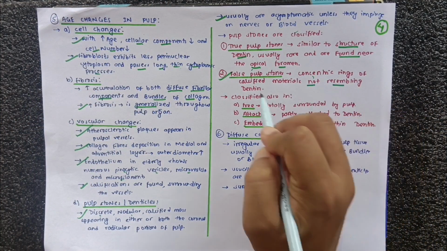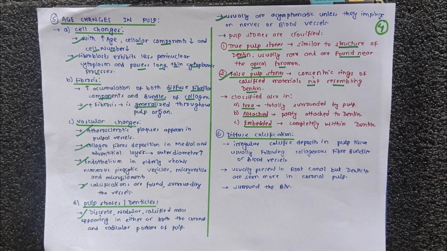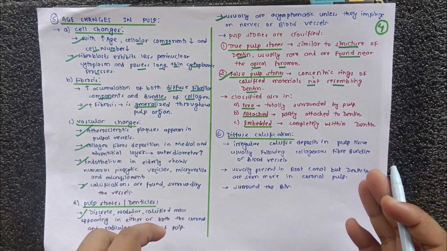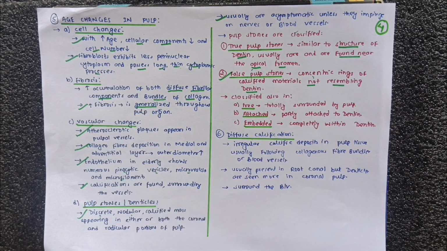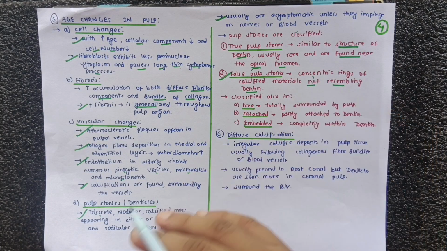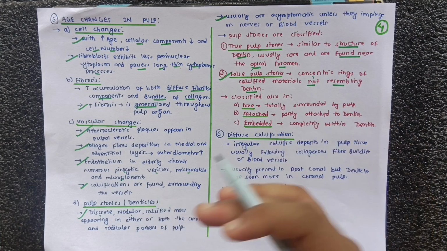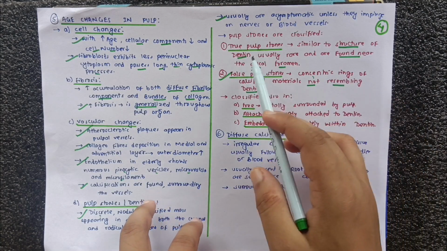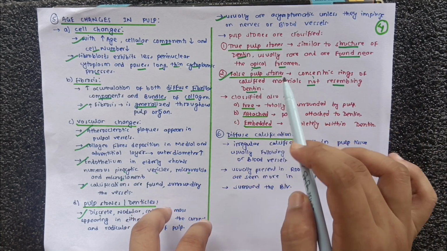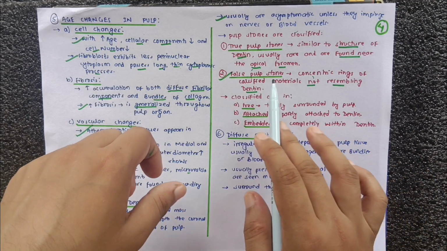Resembling the dentine means it contains dentinal tubules. So the true pulp stone has dentinal tubules, and the false pulp stone doesn't.